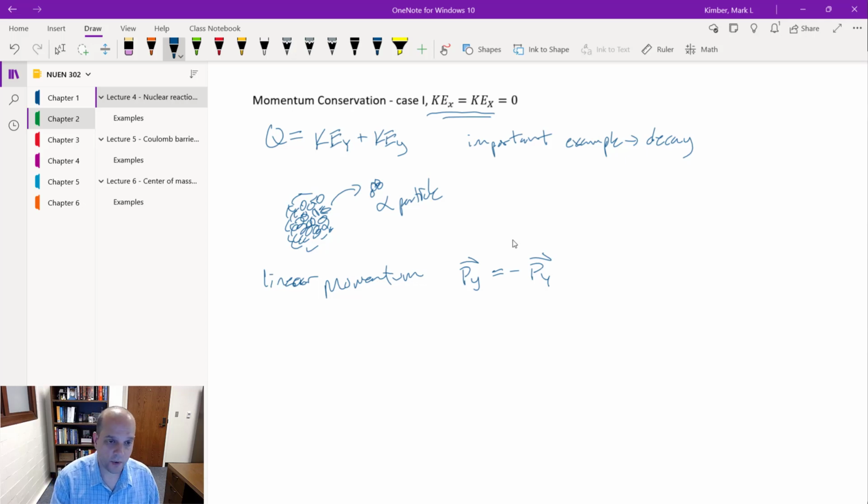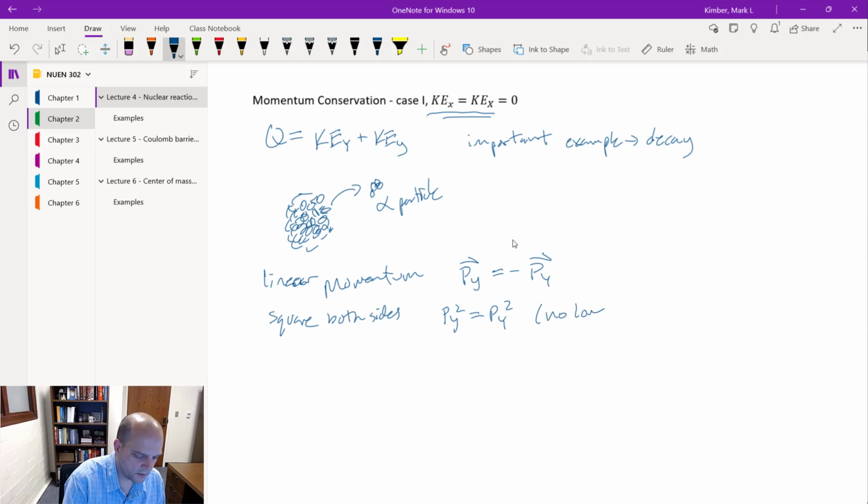What we're going to do is square both sides to get it into a scalar form. And after we square both sides, we're left with the following. So this is now no longer a vector.